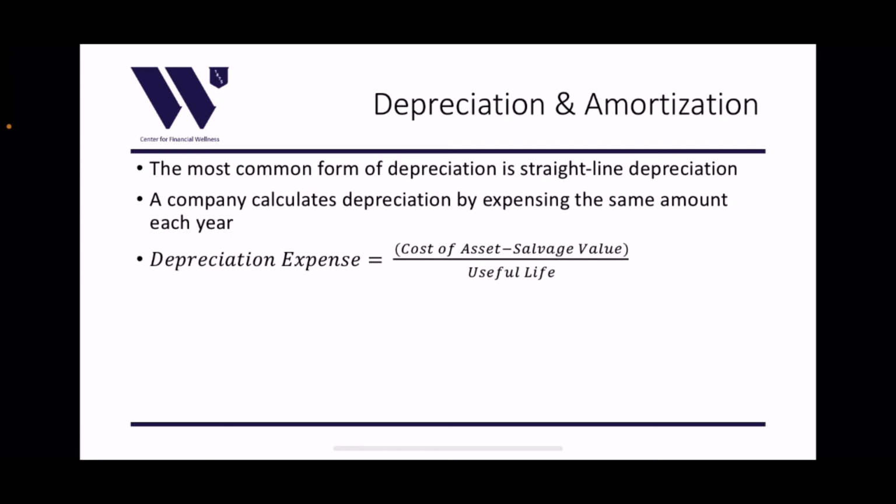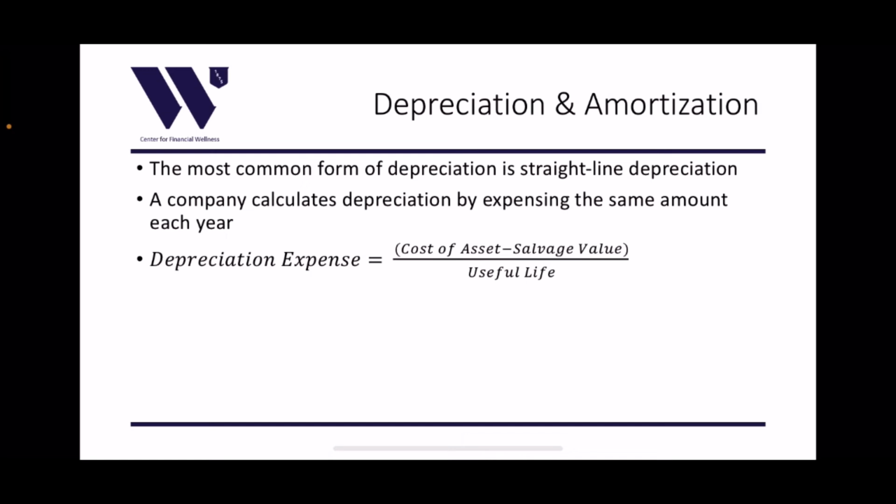When we're looking at a salvage value, we're thinking of a piece of equipment that we think we're going to use over 10 years, which would be our useful life, but our salvage value would be what we get in the event that we decide to sell that asset. So if we purchase it for $10,000, and we think that at the end of 10 years it's going to have a salvage value of $2,000, we would take that amount off of the cost of the asset because we are going to sell it.